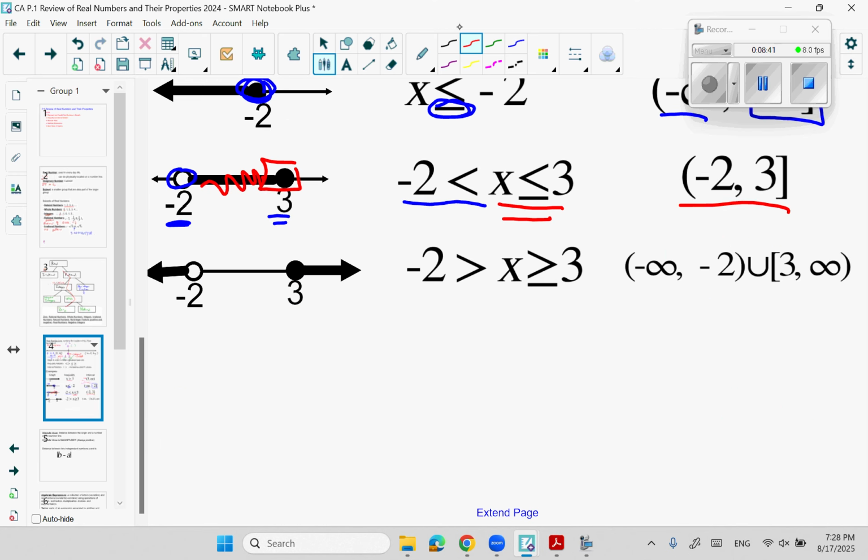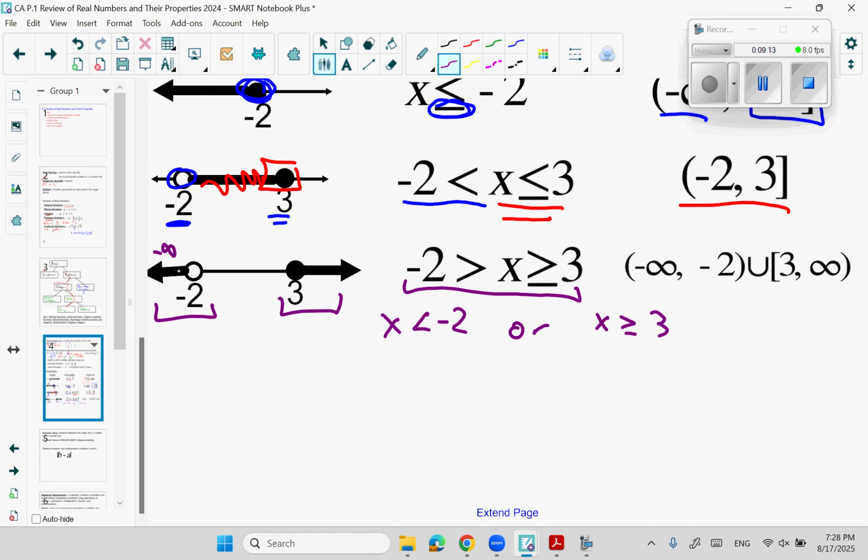Here we get a weird one. Sometimes it can be structured like this, but this sort of feels weird mathematically. So something that some people also do is x is less than negative 2, or x is greater than or equal to 3, because saying x is greater than or equal to 3 and less than negative 2 at the same time feels kind of clunky. So we end up seeing that this creates two different situations.